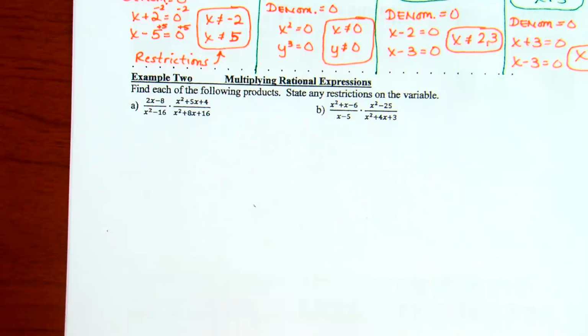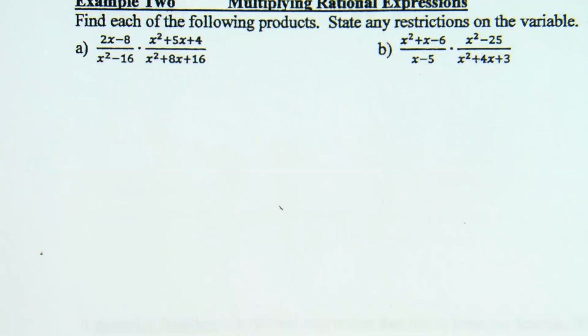As you look at these multiplying examples, what's the difference from this example to the previous examples we were just doing? Not allowed to be scared. Instead of one fraction, there are two fractions. Can you still factor and reduce, though?